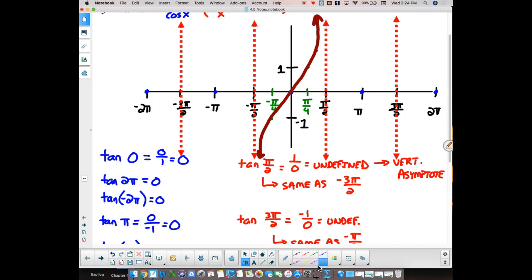Well, this right here from 0 to pi over 2, that's quadrant number 1, correct? Right? Quadrant number 3 runs from pi to what? 3 pi over 2. So this is quadrant number 3.